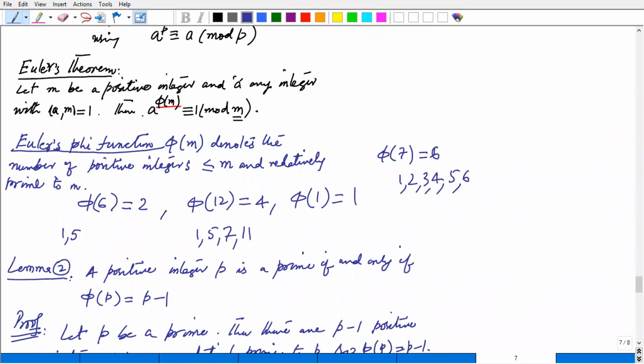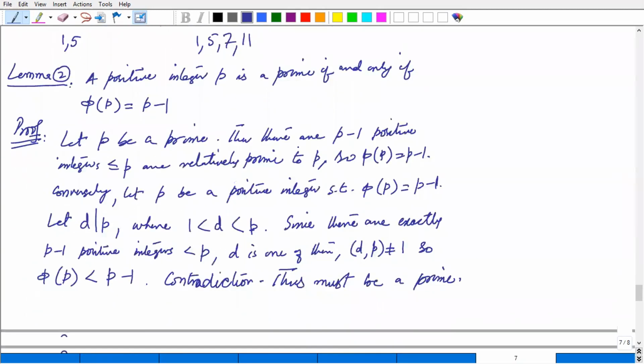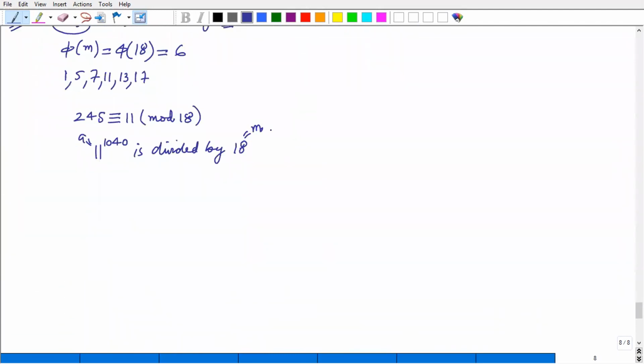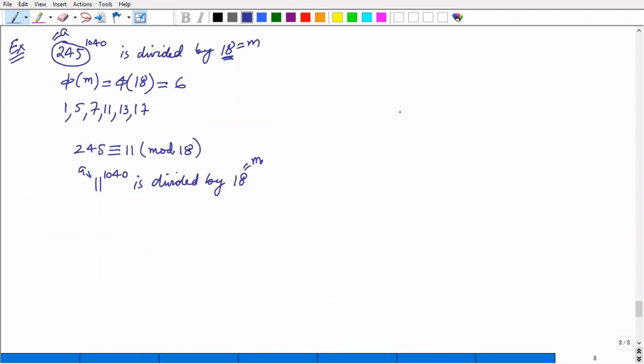So by using Euler's theorem, we can write a to the power phi m congruent to 1 modulo m. By using Euler's theorem, a to the power phi m, 11 to the power phi 18, is congruent to 1 modulo 18.